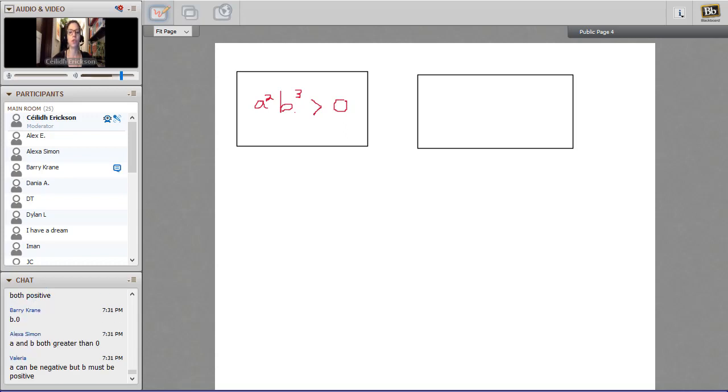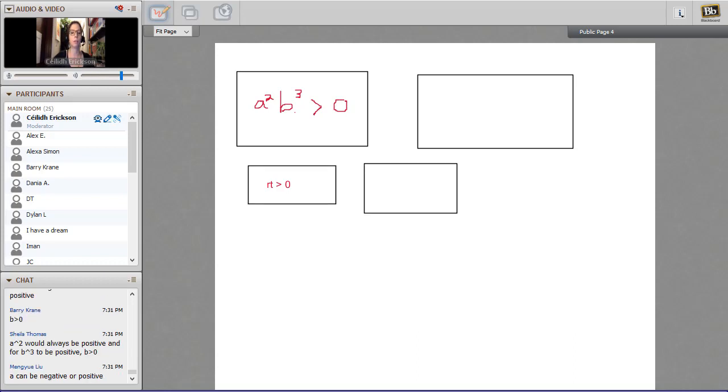So if it was just r times t greater than 0, we would translate that as both positive or both negative.